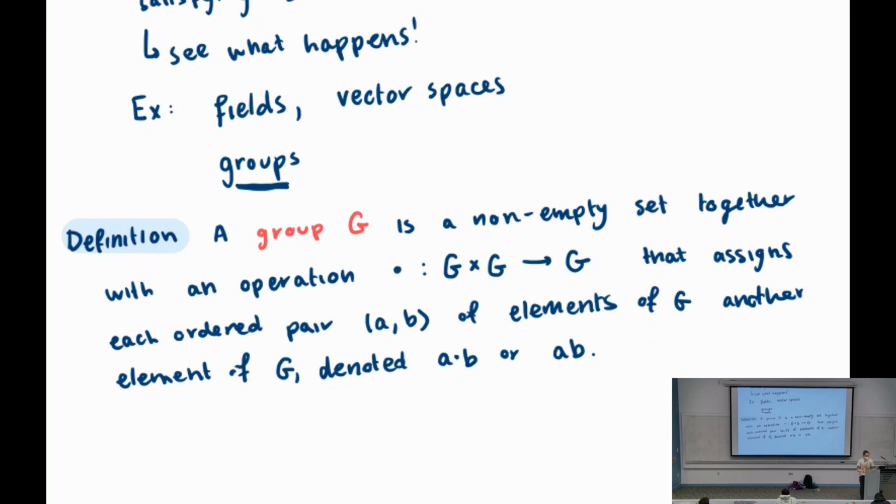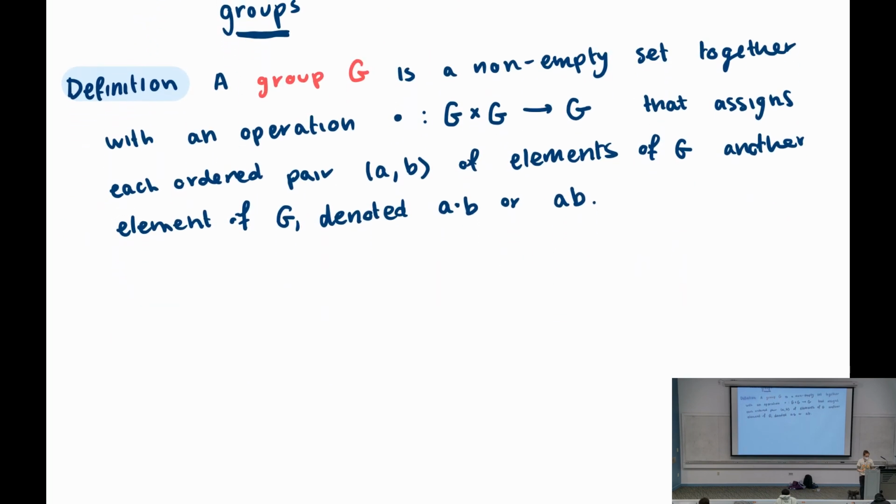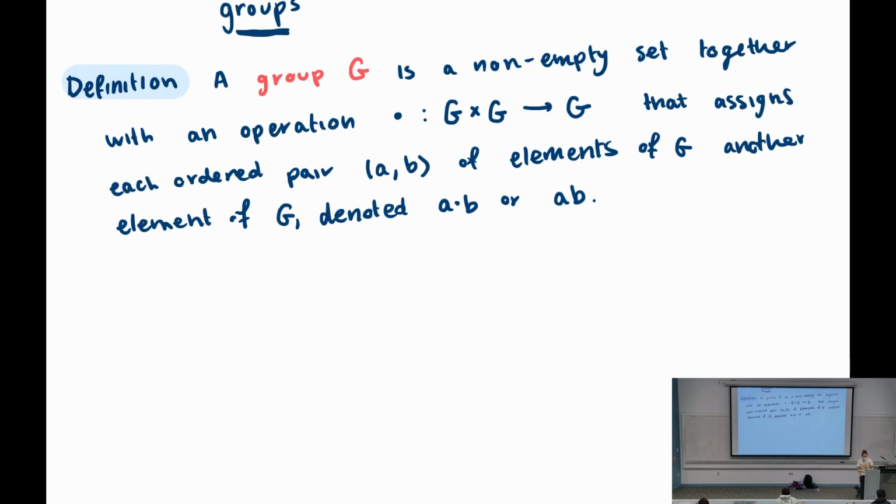And we'll assume it satisfies, so to be a group, G and the operation times must satisfy the following three axioms. The first one is associativity.